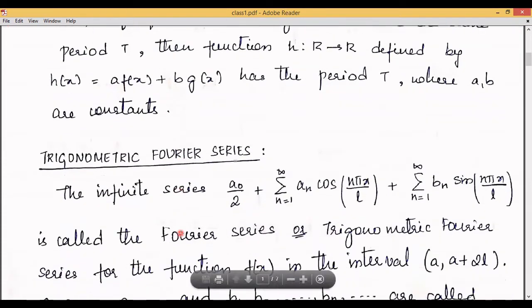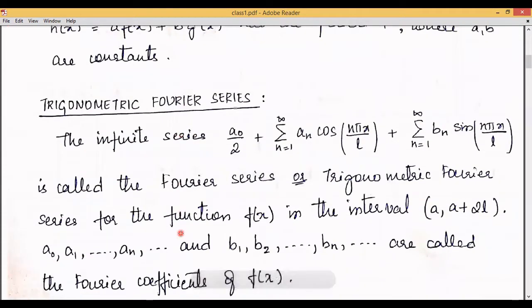So this is one of the properties of periodic functions, guys. Moving on to the trigonometric Fourier series. The Fourier series is also known as the trigonometric Fourier series.